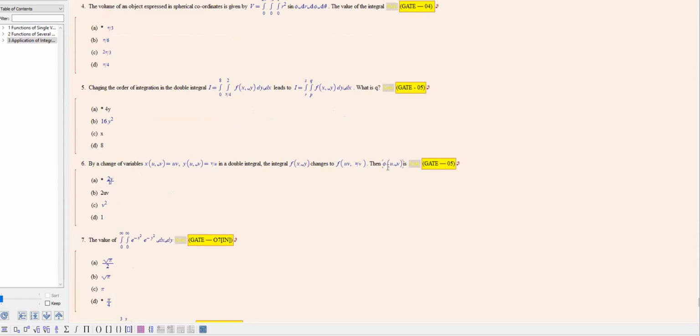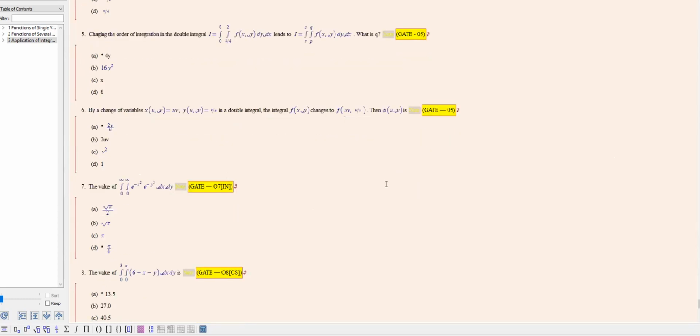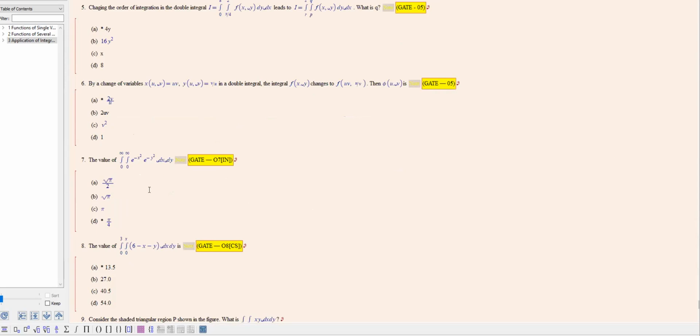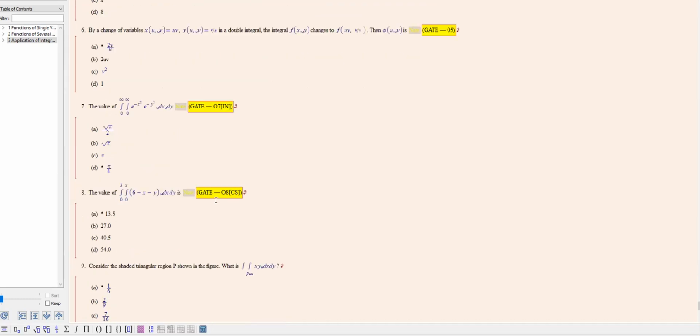Then what is phi of something is incomplete here. I think this is a Jacobian problem. This should be J of u comma v. I'll cross check this. So this is about change of variables. Then this is double integration. Simple problem. Double integration.